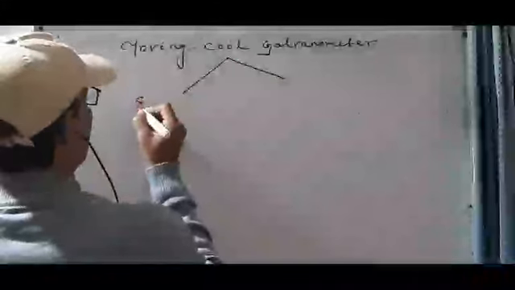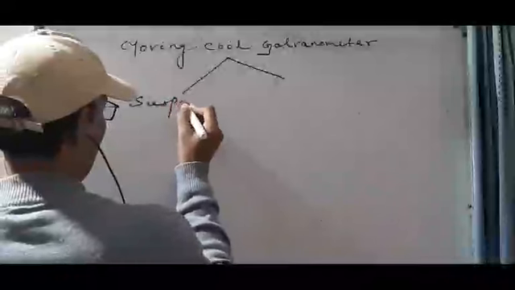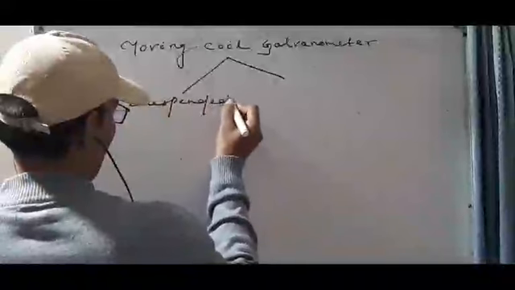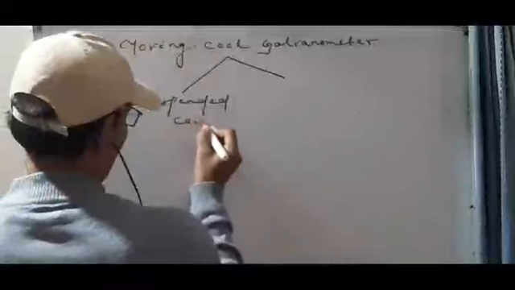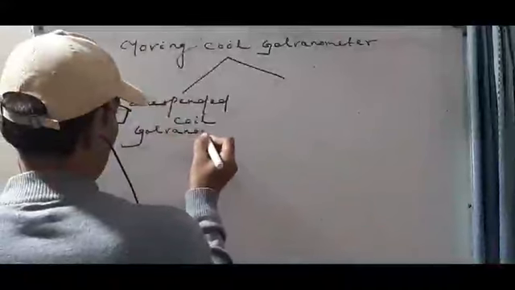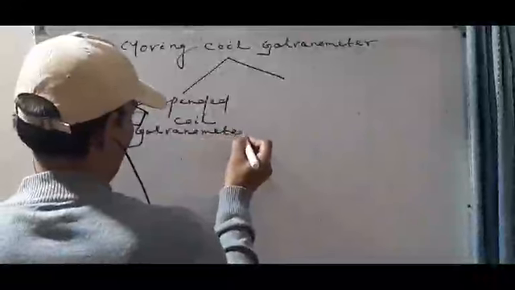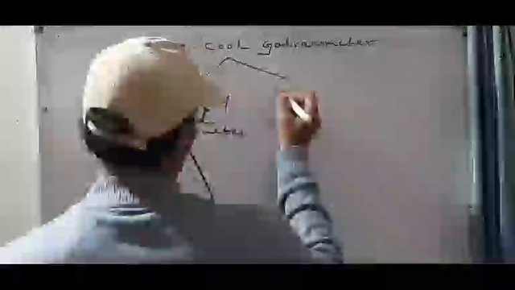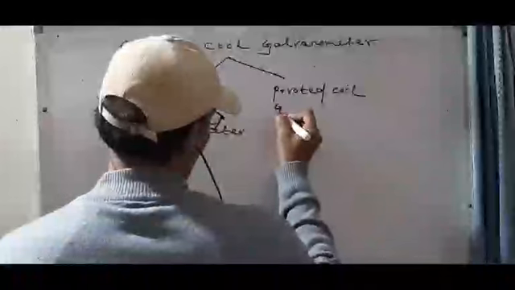One is suspended coil galvanometer, and another one is pivoted coil galvanometer.